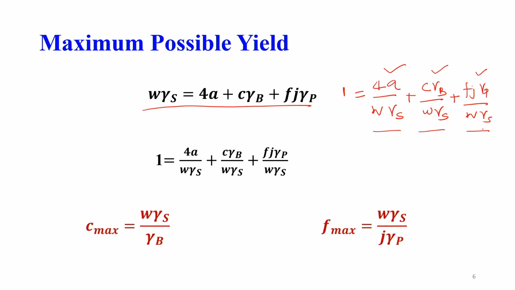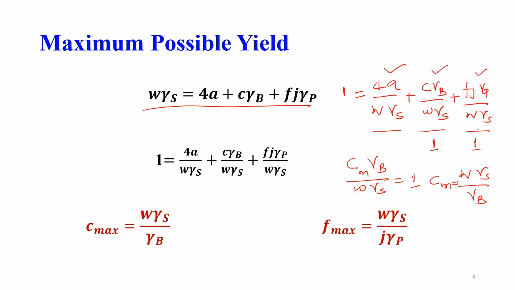What will be the maximum possible biomass if I put the biomass term equal to 1? Then C gamma B upon W gamma S equals 1. Here, in place of C we write C max, and rearranging gives C max equals W gamma S divided by gamma B.